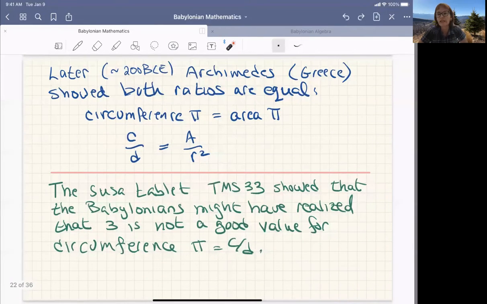It was only much later. Remember the time period for the Babylonians is roughly 1600 BCE. It was more than 1,000 years later that Archimedes proved that those 2 numbers are the same. Okay, so I see a question in the chat.